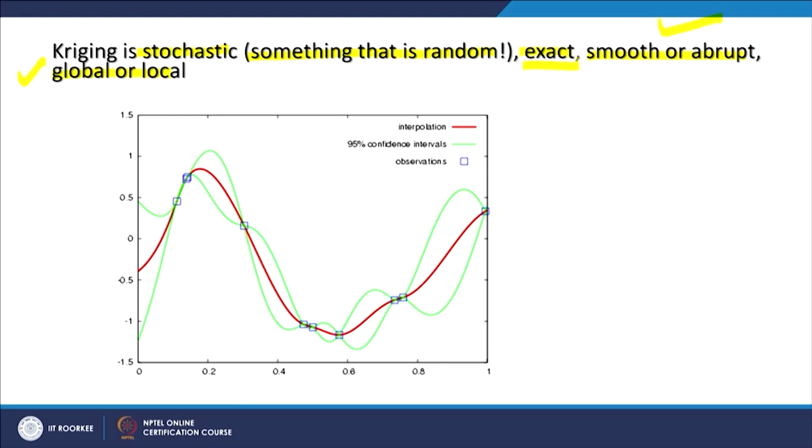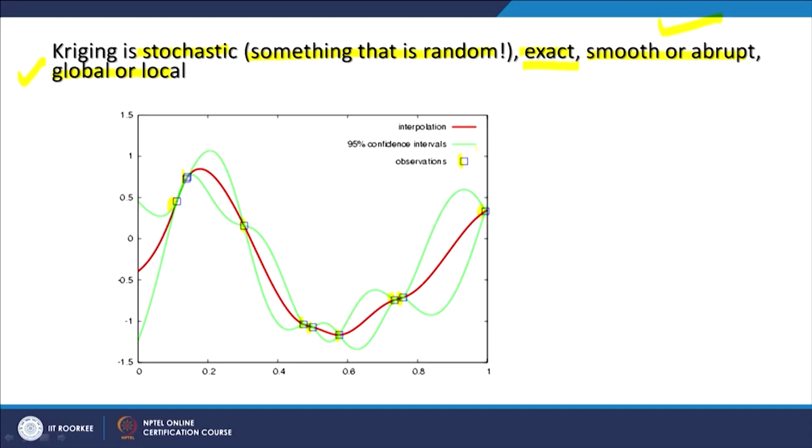This is what this figure is depicting: the interpolated surface is shown in the red curves or red lines, and you have input points. Of course this is a linear or 1D representation, not really a surface, but in a linear fashion.